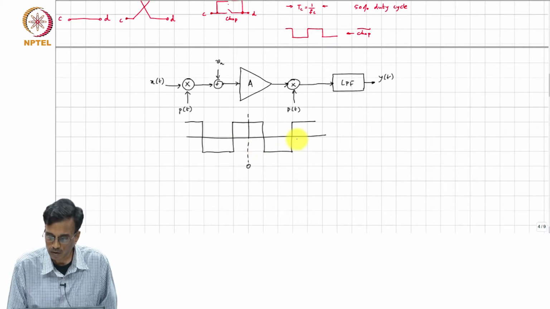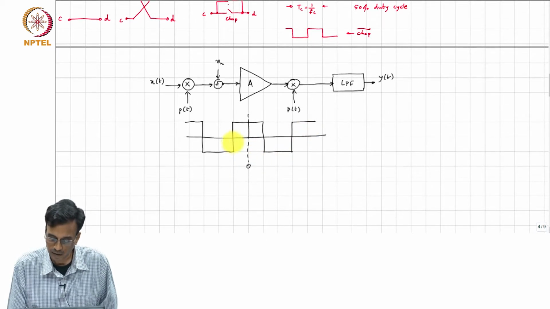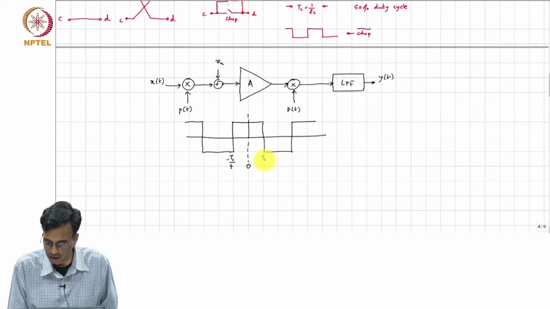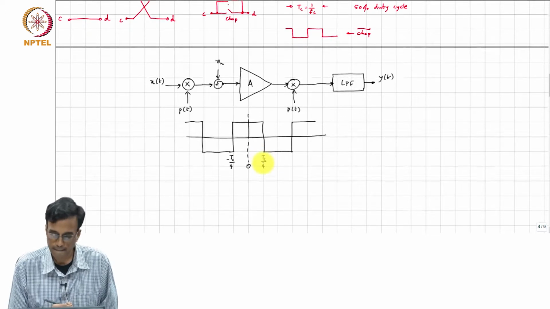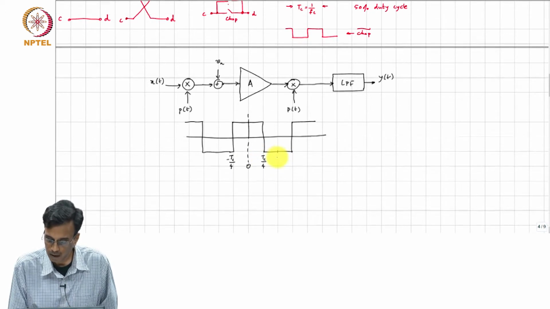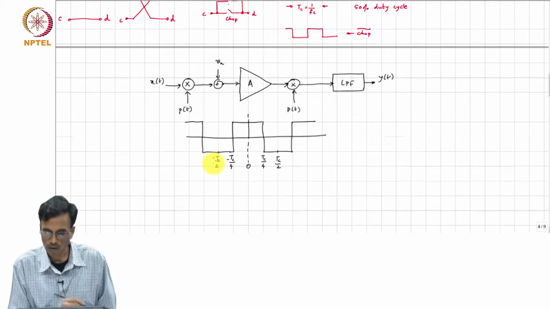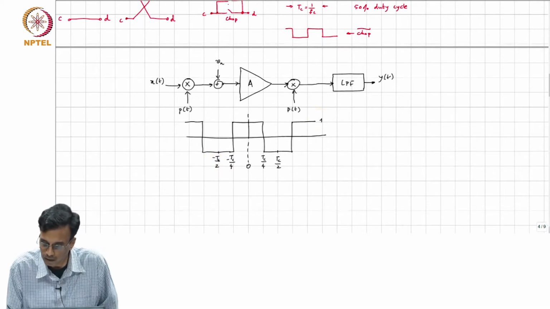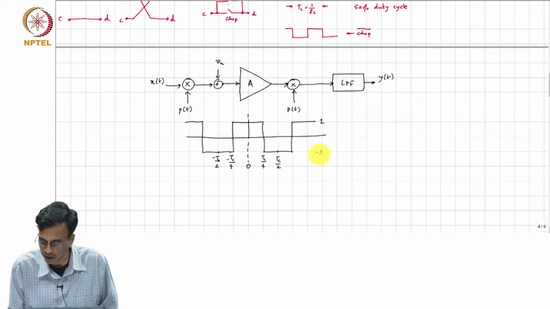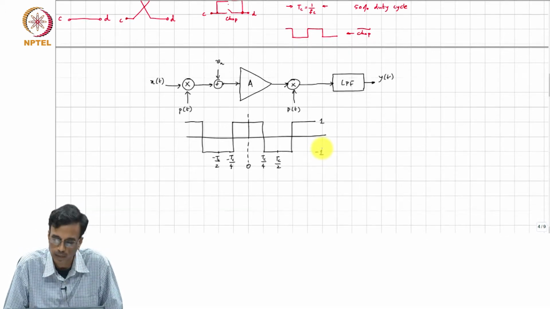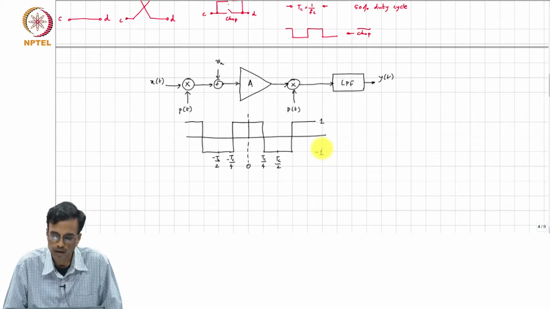This is 0 and this is Tc by 4, Tc by 4, Tc by 2, minus Tc by 2. This is 1 and this is minus 1. Okay. And so, this is P of t.